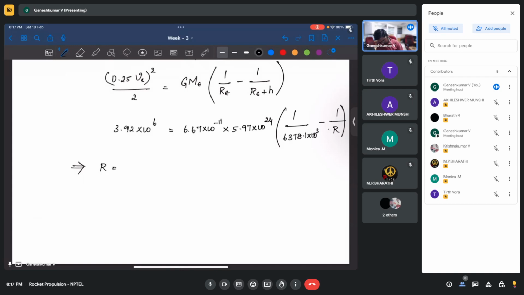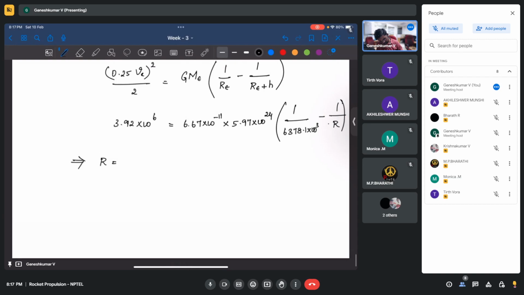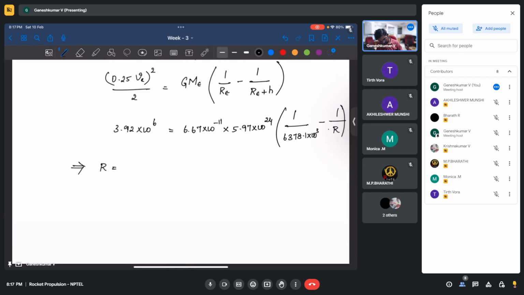Divided by 6.67 into 10 power minus 11. Yeah, I'm doing some algebraic mistake.